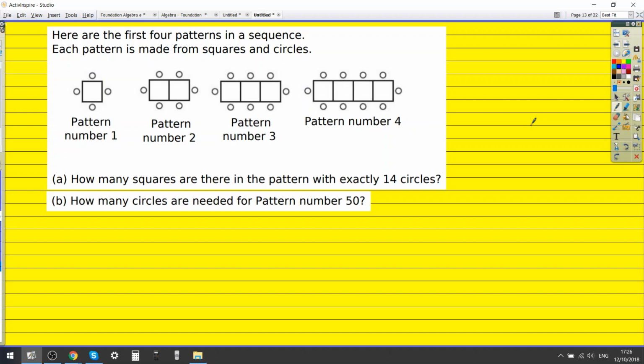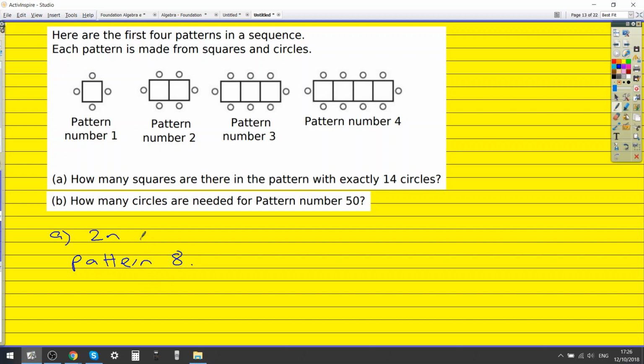So 2n plus. 8. There'd be 8. Pattern 8, yeah. Okay. Yeah, there'd be 8 squares as well.